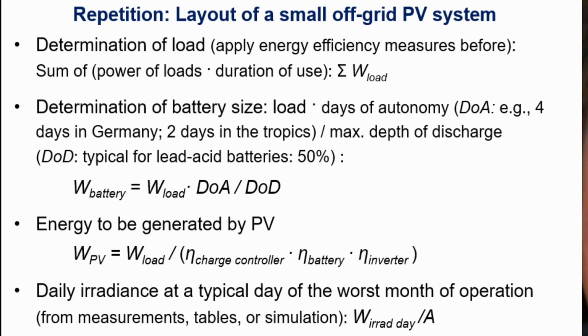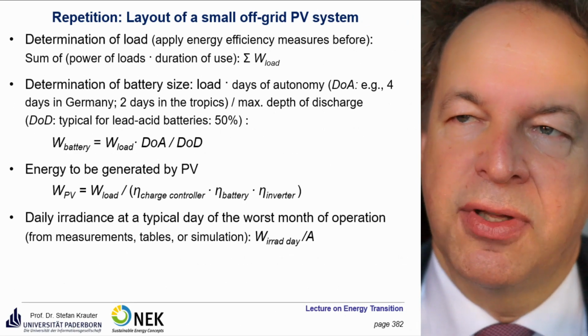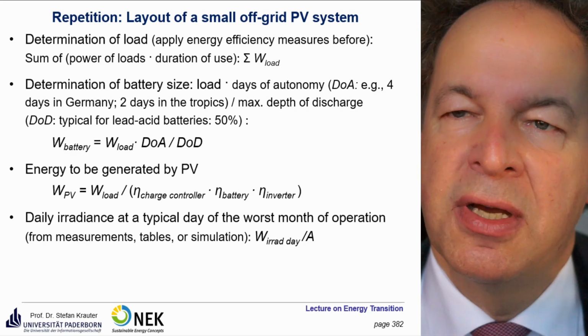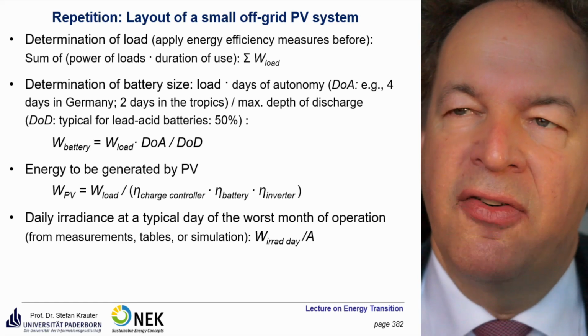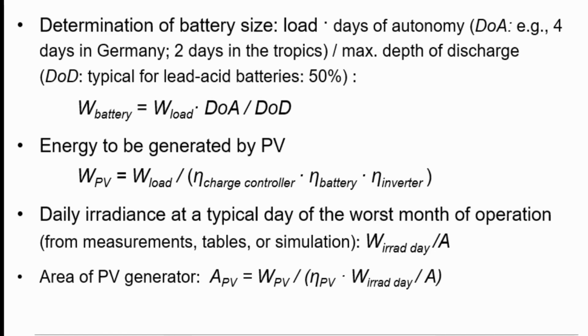So we just consider daily operation, and then we have here the worst typical day in the worst month of operation, which is June, and we put in the numbers and then we calculate the adequate size for that. Sure, we would have a surplus in summer, which we cannot use, but it's cheaper than to have a seasonal battery.